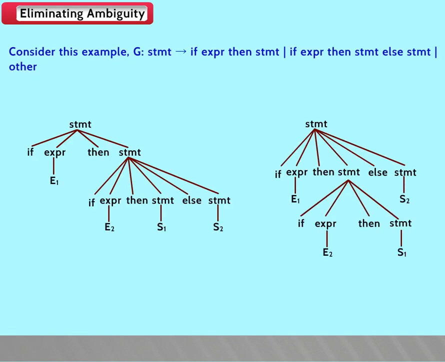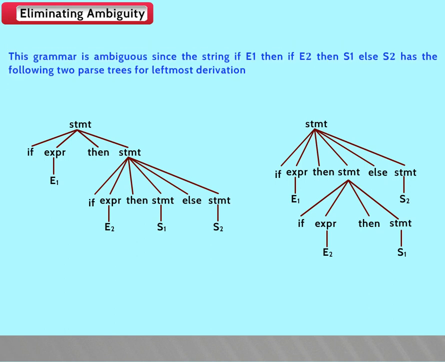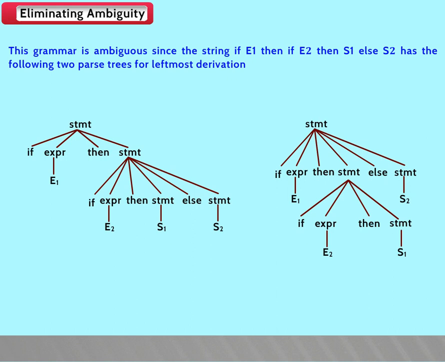Grammar G: statement produces if expression then statement, if expression then statement else statement, other. This grammar is ambiguous since the string if E1 then if E2 then S1 else S2 has the following 2 parse trees for leftmost derivation.